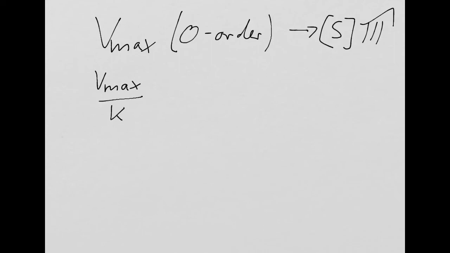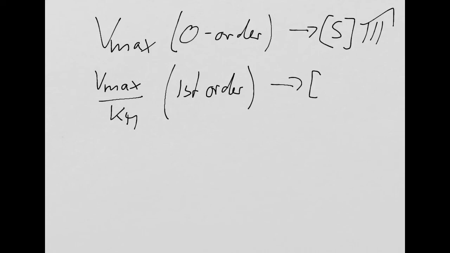Vmax over Km, that is when the enzyme is in the first order mode. Tells me how the enzyme behaves when the substrate is very low.